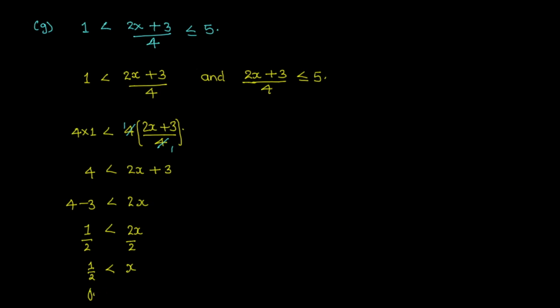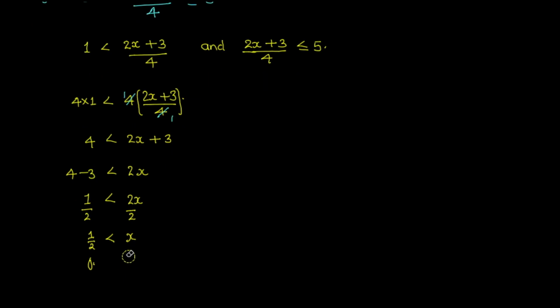Oops, this 0 looks funny, isn't it? Wow, let's wipe it off and correct immediately. So we have here 0.5. I think this one looks much better than before. Okay, so that is the solution for the first one.